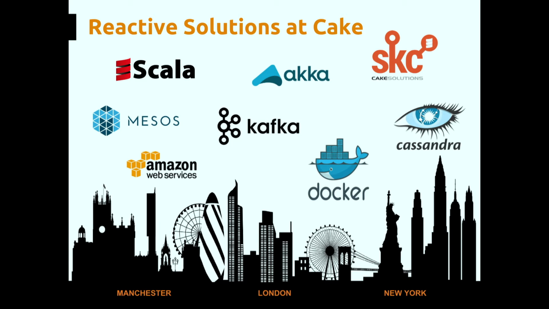All right. So first off, a little bit about the company that we work for. We're from a software consultancy company called Cake Solutions. We specialize in developing reactive and scalable software solutions using tools such as Scala and Akka with cutting-edge technologies such as Kafka and Cassandra. Traditionally, we have focused on building web services, but these days we mostly focus on these large-scale distributed systems.